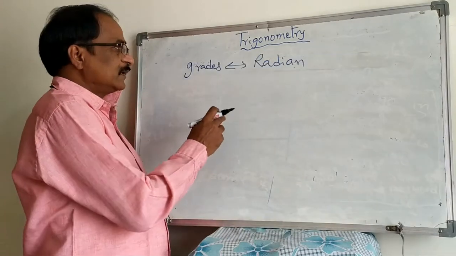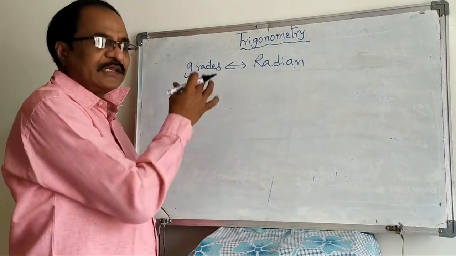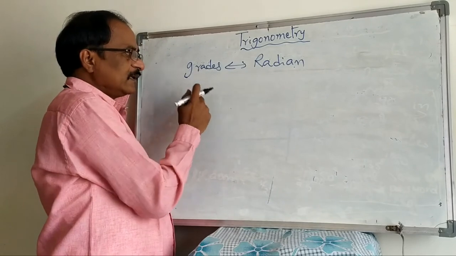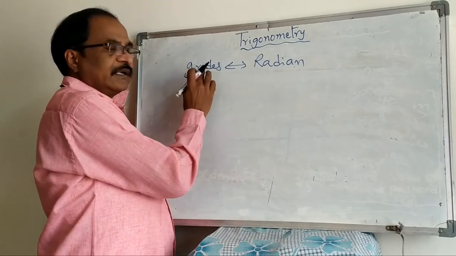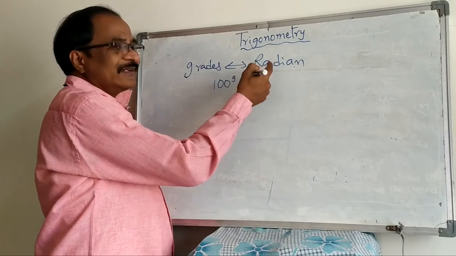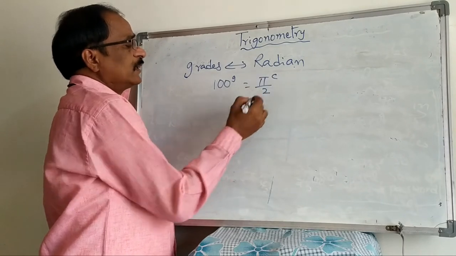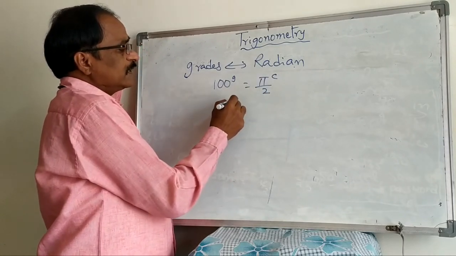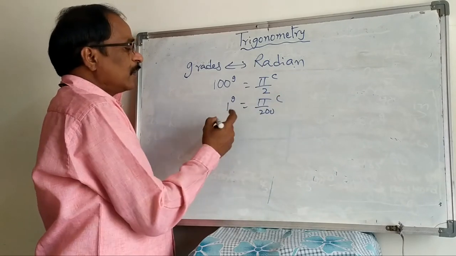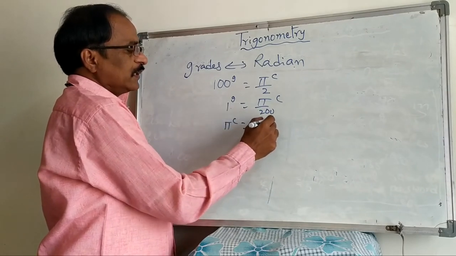Now we will discuss how to convert grades to radians and radians to grades. The relation between grades and radians: one right angle in the centesimal system is 100 grades, and one right angle in circular measure is pi by 2 radians. So 1 grade is equal to pi by 200 radians, or pi radians is equal to 200 grades.